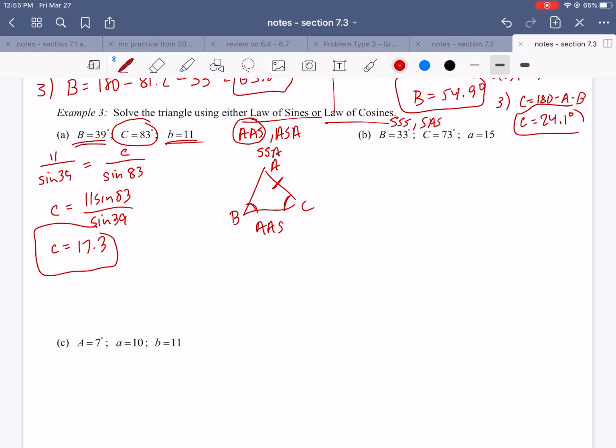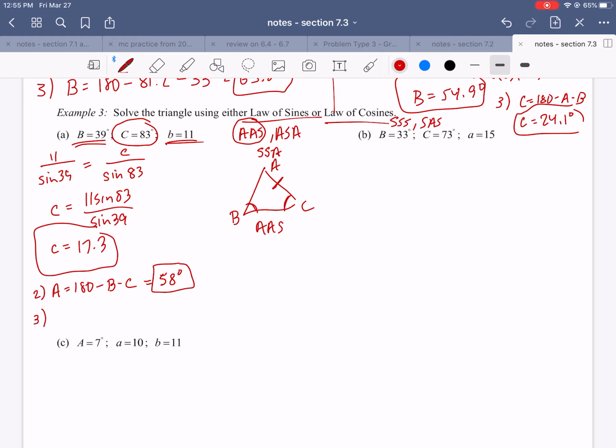Okay, next thing is to find angle capital A. To find angle capital A, we know that we can subtract 180 minus the other two angles, B and C. And if we do that, we're going to get 58 degrees. So that was pretty straightforward. Easy to find capital A. We actually could have done that first if we really wanted to.